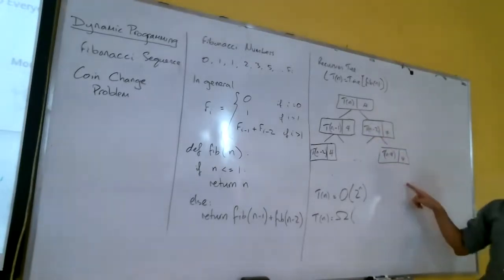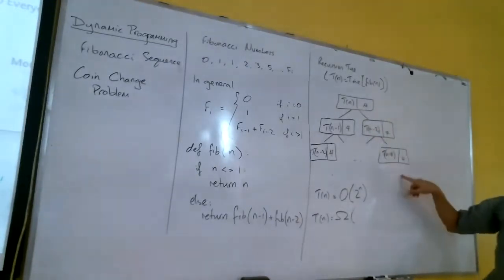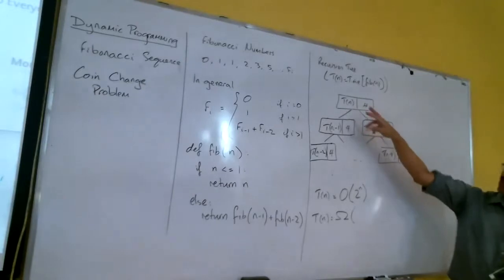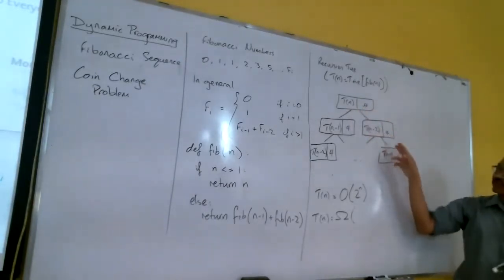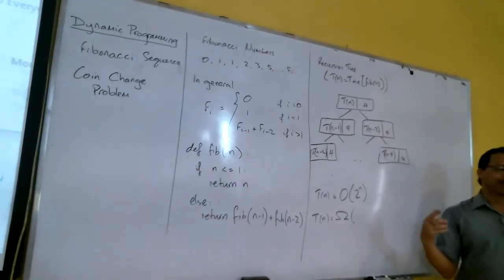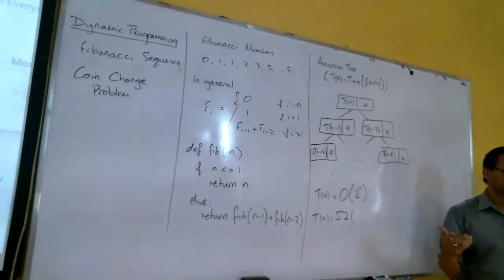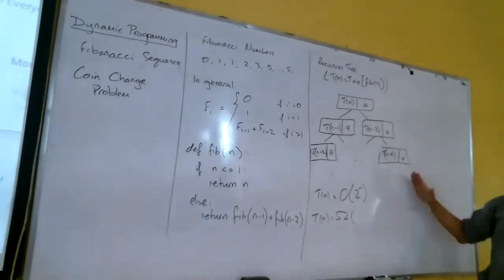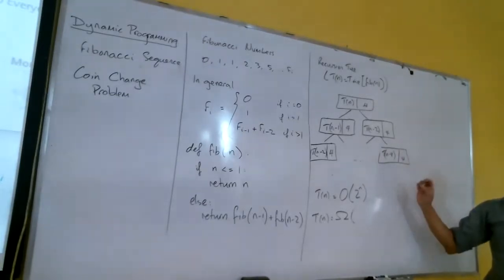Because this side is the short side, and it has a height that is approximately half n. If you're decreasing by 2 each time, how many times can I decrease n by 2 before I get to something less than or equal to 1? It's about half n. So the height on this short side is half n, right?